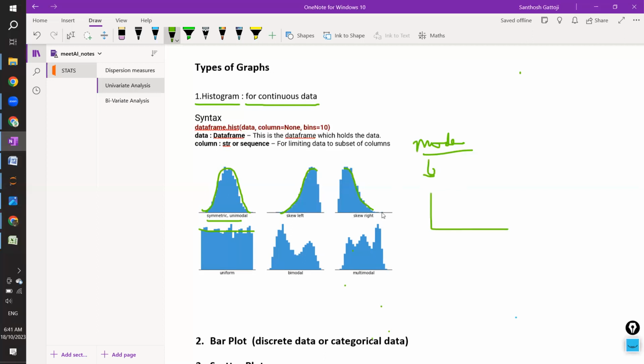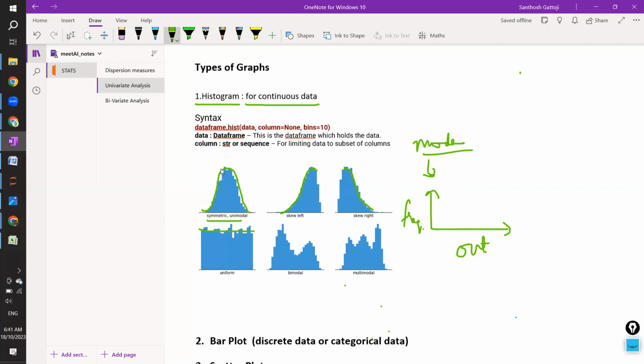And what is this graph? Actually, this graph is the frequency distribution graph. Yesterday we saw it, right? On the x-axis we have the outcome, and on the y-axis we have the frequency.